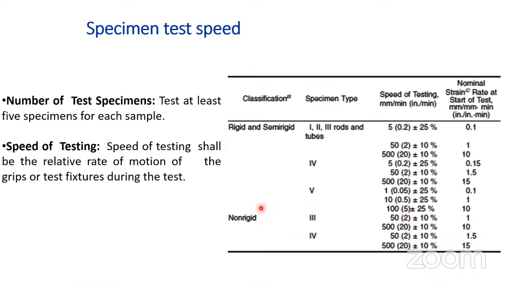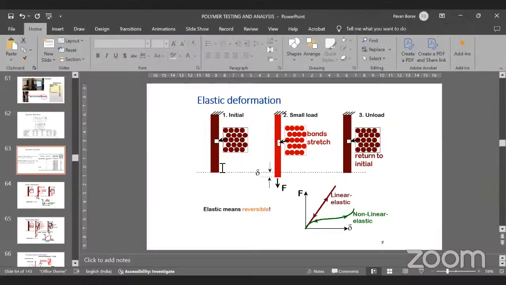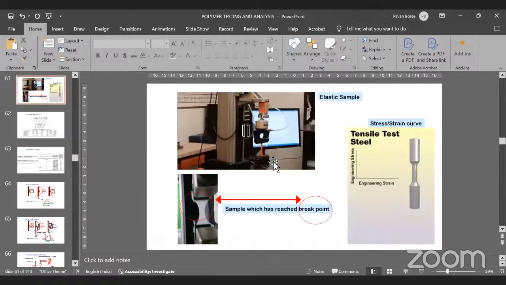Next is the specimen test speed. If you see in this slide, the movement of your jaws has some specific speed.